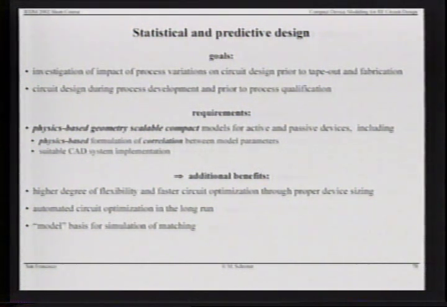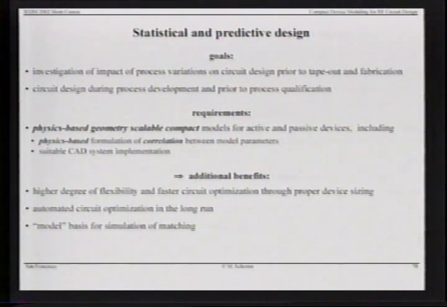And the purpose of the second one, predictive design, is actually provide designers with model parameters or models well in advance of process qualification. Let's say a year before the process gets qualified, they want to start their design. And the problem is that the usual cycles that we have, especially for statistical modeling, where we use, let's say, process simulators, device simulators, they don't really meet the time constraints in industry.